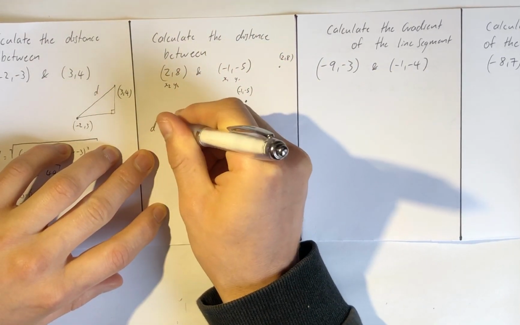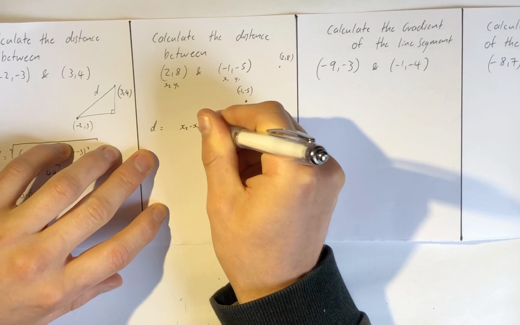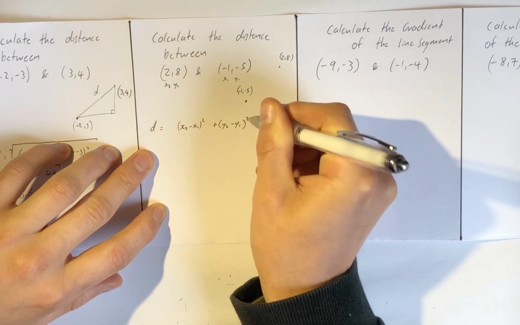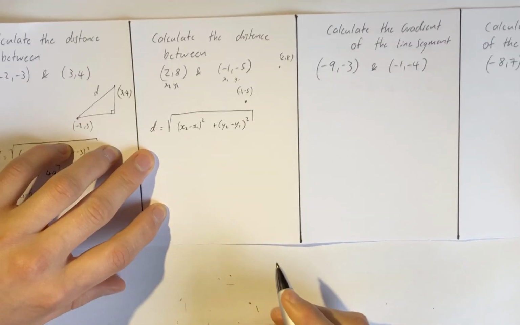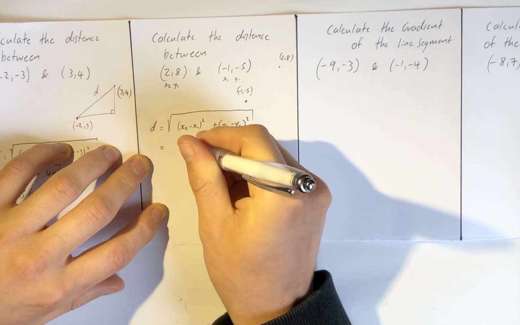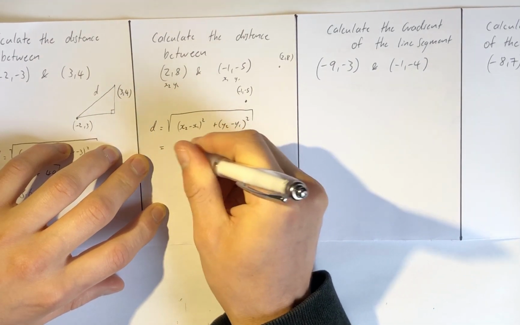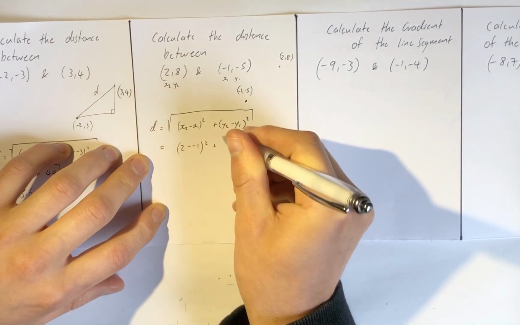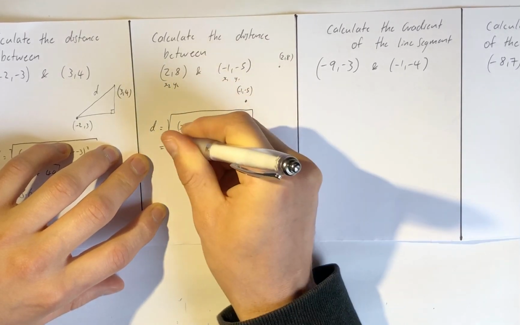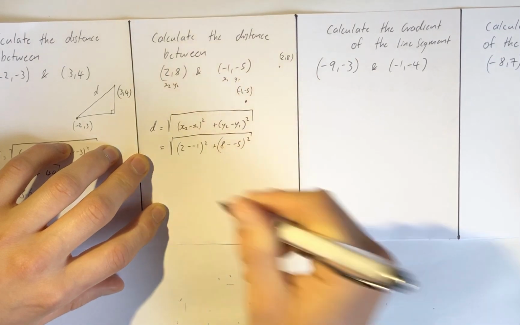So in a distance formula, which is x2 minus x1 squared plus y2 minus y1 squared, all square rooted, then this is going to be 2 take away -1 squared plus 8 take away -5 squared, and that is all square rooted.